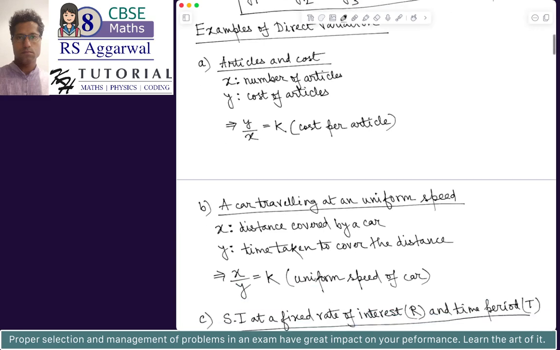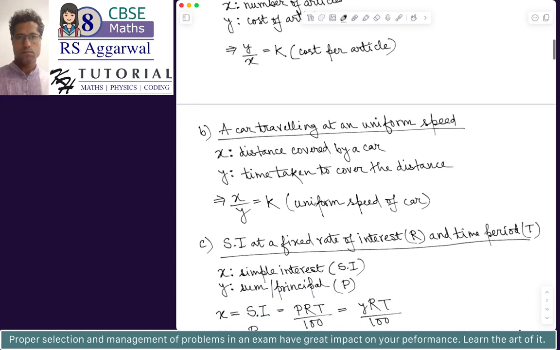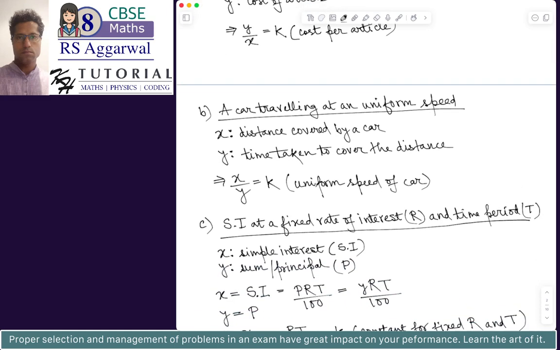Okay. So the next example is a car traveling at a uniform speed. Now, if a car is traveling at a uniform speed, it means the speed is not changing. While it is moving, its speed is the same. Now, in such a scenario, if you consider the two quantities x and y such that x is the distance covered by the car and y is the time taken to cover the distance, then the ratio x by y is nothing but the uniform speed of the car.